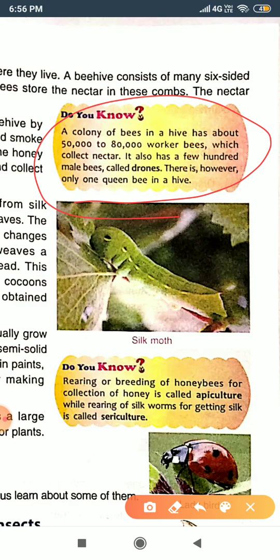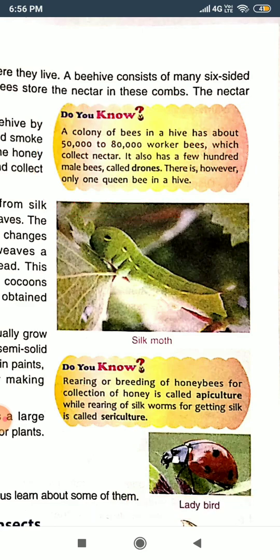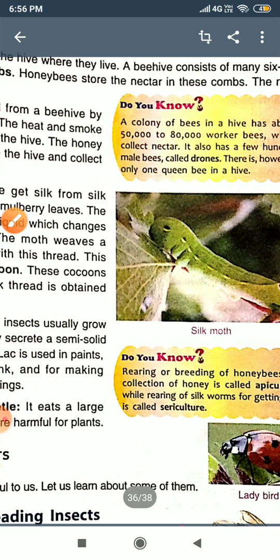That means which bee collects the nectar? The worker bee collects the nectar, and it also has a few hundred male bees called drones. Male bees are known as drones. Okay. And there is only one queen in a beehive. One queen, a few hundred drones, and 50,000 to 80,000 workers are there. Okay. This is very important, so you will learn it.